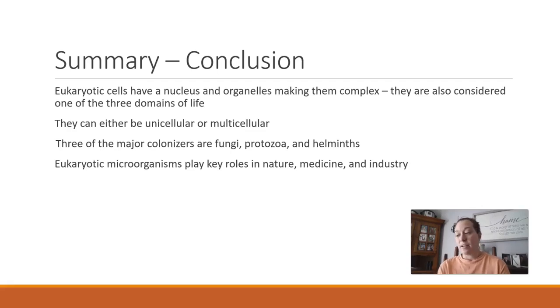As far as industrial use, yeast can help make bread, beer, and biofuels. Medically, some of these eukaryotic cells cause disease, while others make antibiotics. So it's kind of like a balance there, basically.